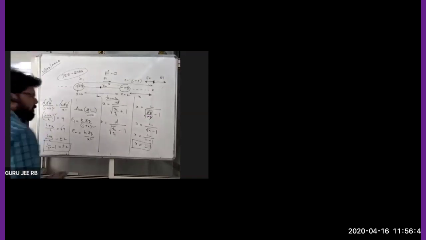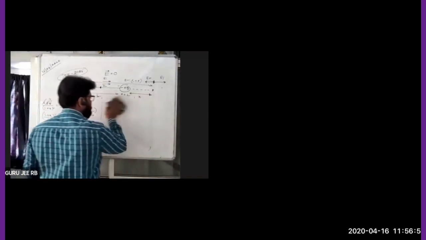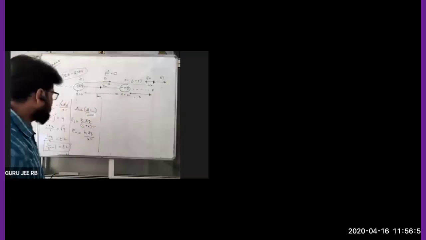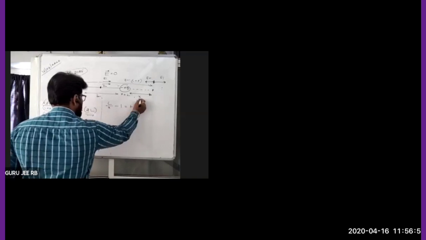Or (L plus X) by X is equal to root 4, which is plus or minus 2, or L by X plus 1 is equal to plus or minus 2. So two possibilities we get here. What are the two possibilities? L by X plus 1 is equal to plus 2, one possibility.